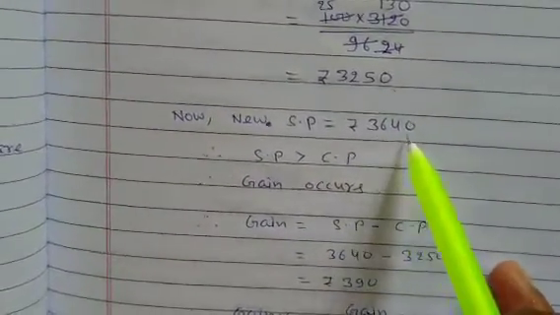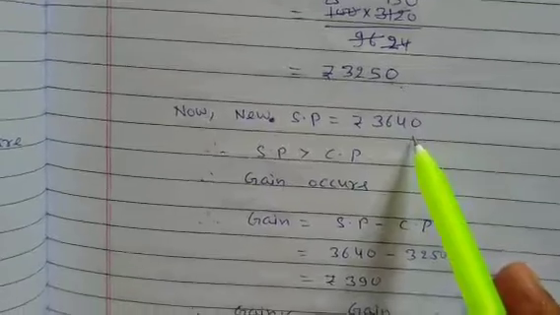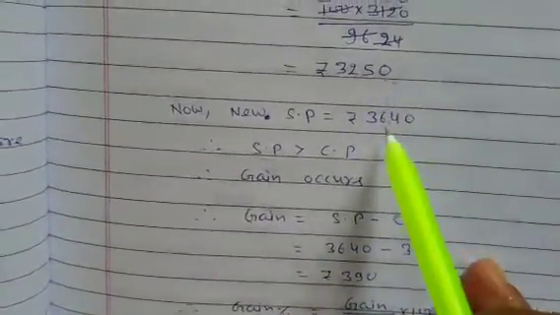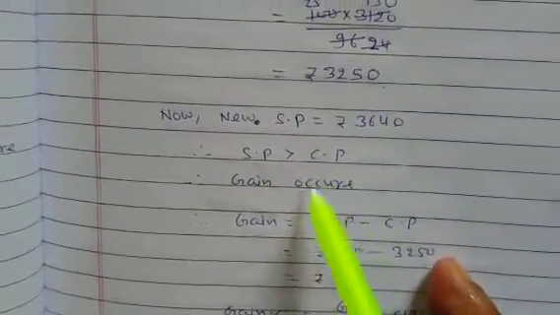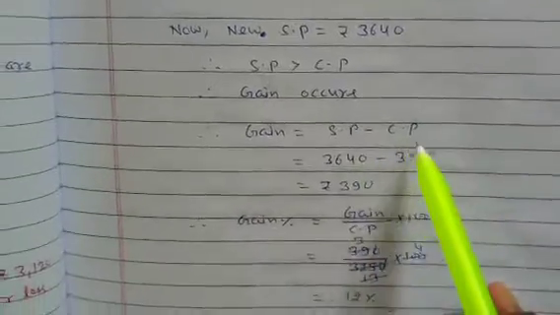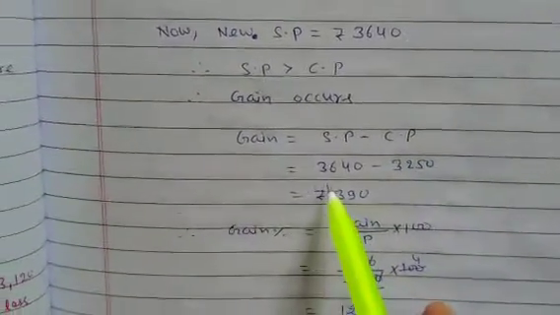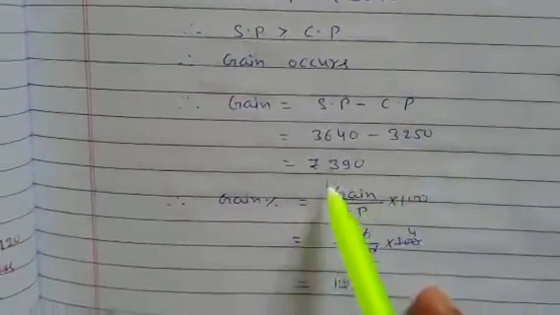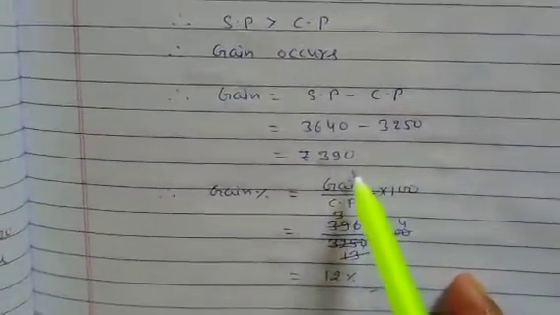rupees 3,640 is given. So here SP is greater than CP, so gain occurs. Therefore gain is equal to SP minus CP, equal to 3,640 minus 3,250, equal to 390.